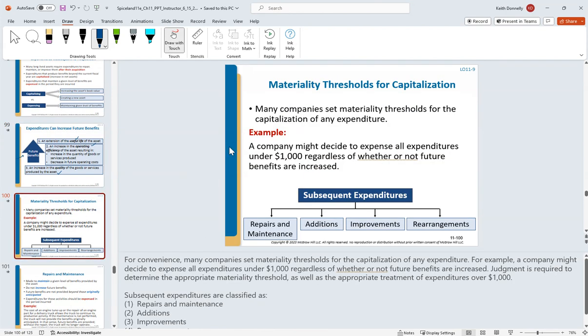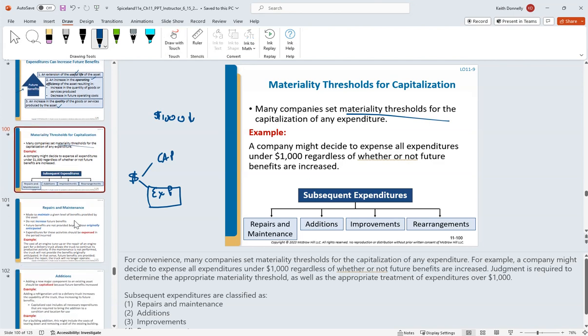So in this framework, whenever we throw additional money in and ask whether to capitalize or expense it, sometimes companies will just have a materiality threshold. So, if regardless of what this is, it's less than $1,000, we're just going to expense it. Companies can have that kind of policy.